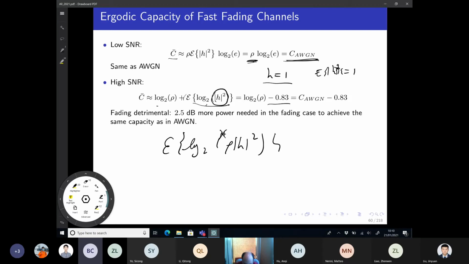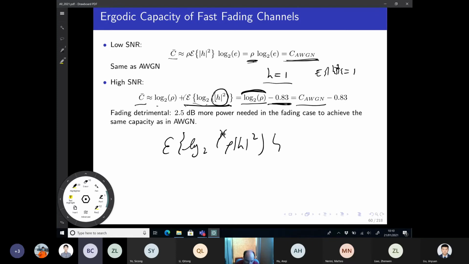What that means is that because your channel is fluctuating, your ergodic capacity will be decreased by 0.83 bits per second per hertz, compared to the case where you had a constant channel equal to 1, the AWGN channel. So your ergodic capacity is decreased compared to the AWGN capacity, which at high SNR is simply equal to this.